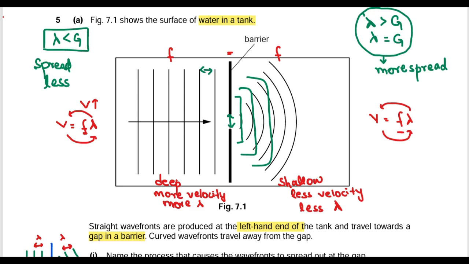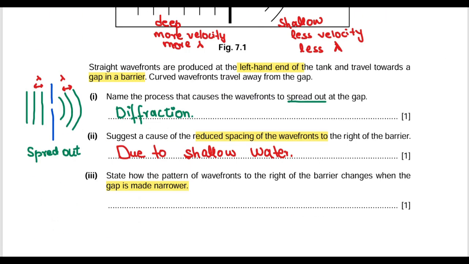The question is asking, what if you make the gap narrower? That means the wavelength would be greater than the gap. And in this case, when the wavelength is greater than the gap, the diffraction of waves is more. So I am writing more spread of waves.